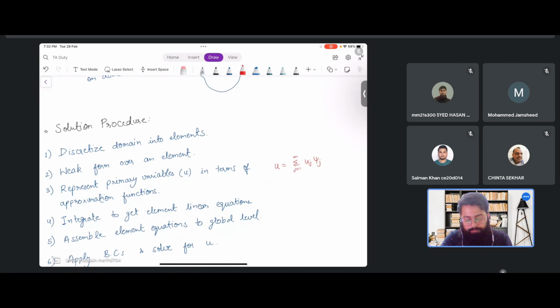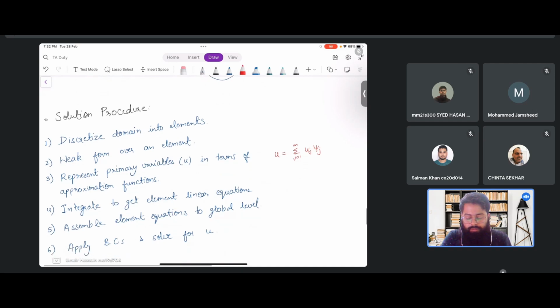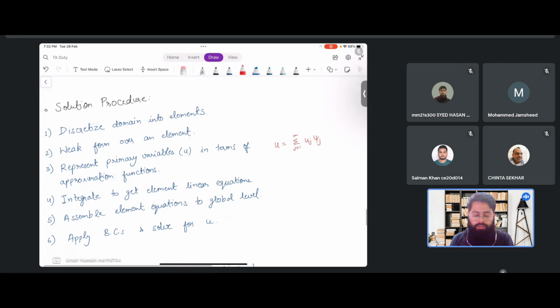First this is done for each element at element level, and then all these element level equations are assembled into a global system of equations, and we just apply the boundary condition and solve those system of equations to find the unknown variable u.